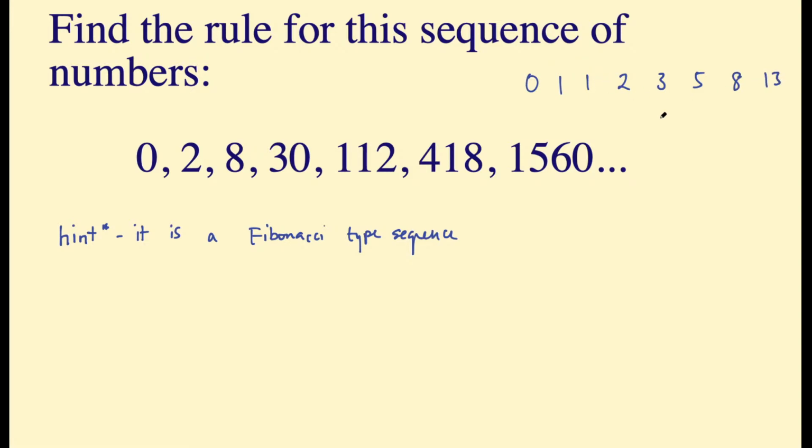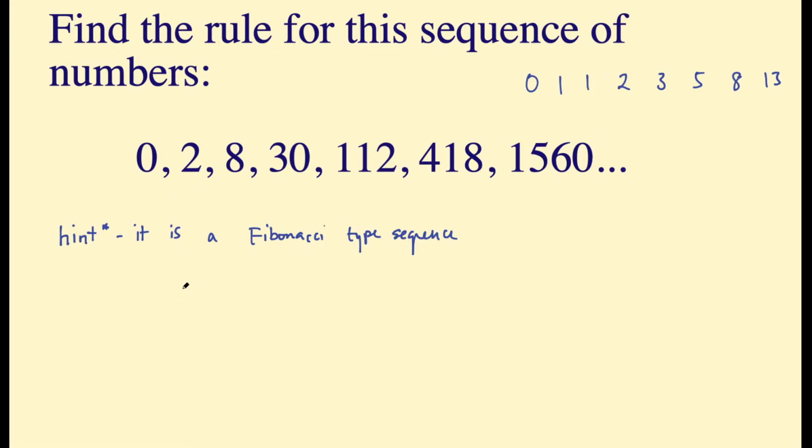You're just adding the two previous terms, so that's easy to state. But the actual rule for the nth term looks really complicated. It involves the golden ratio and things like that. So the nth term for Fibonacci type sequences always looks quite complicated, but to produce the next term is quite easy.